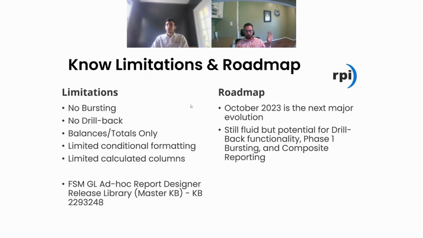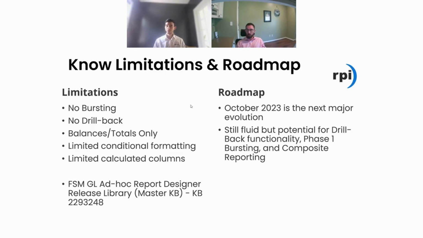I mentioned back on slide 1 or 2, this is a new product, and there are known limitations. There's known bugs as to what this product can do right now. There is a roadmap or an evolution map of the product that Infor has mentioned, and more robust functionality will be built into the solution in the future.